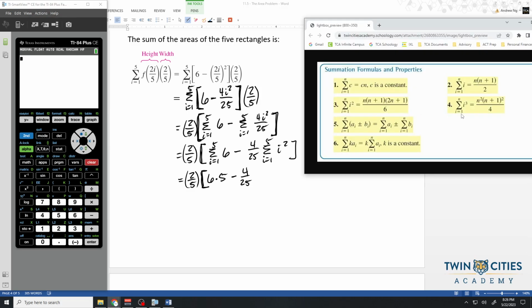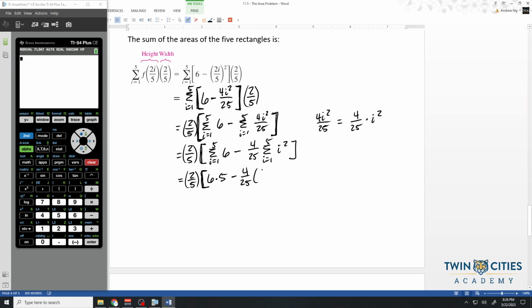So the summation for i squared is n times n plus 1 times 2n plus 1 all over 6. So n is 5, remember. So every time you see an n, replace that with 5. That'll be 5 times 5 plus 1 times 2 times 5 plus 1 all over 6.